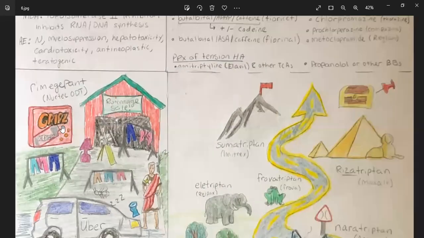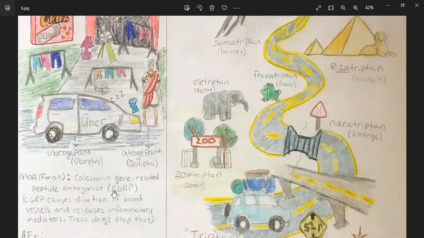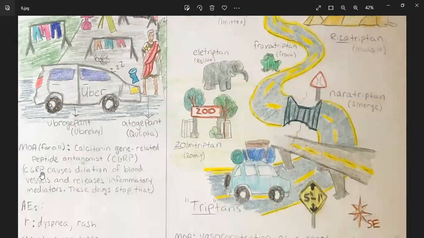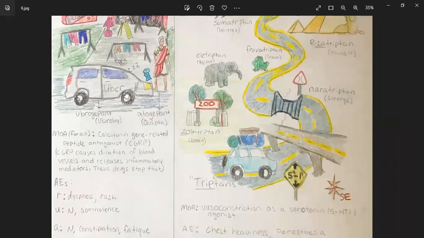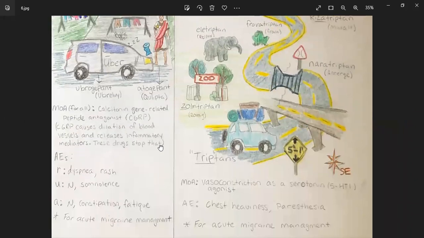So Cheez-It grips. C for Cheez-It and then grip, so a grip antagonist. Just a side note, the CGRP causes dilation of blood vessels and releases inflammatory mediators. This drug is going to stop that and help with migraines.